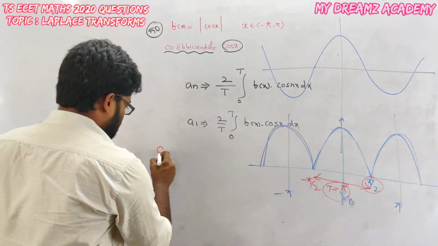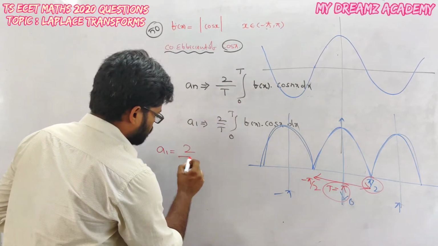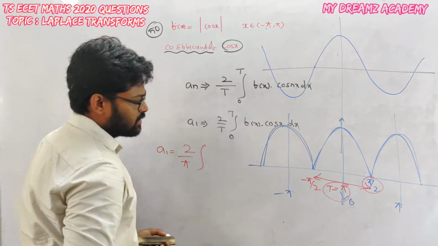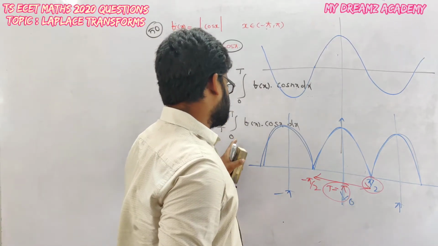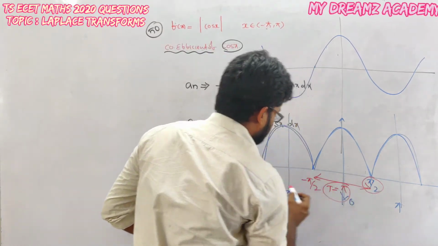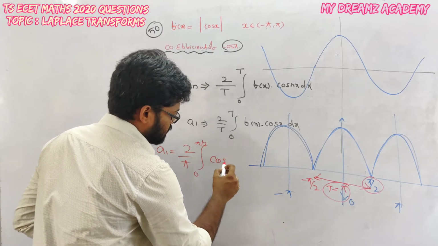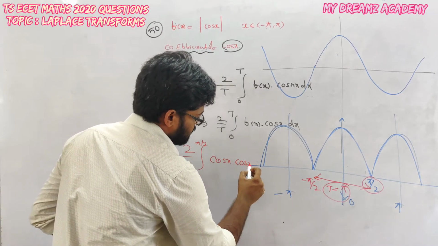That is, a1 is equal to 2 by time period, which is pi, so 2 by pi, integration over 0 to time period. I am taking from 0 to pi by 2, that is cos x into cos x dx.